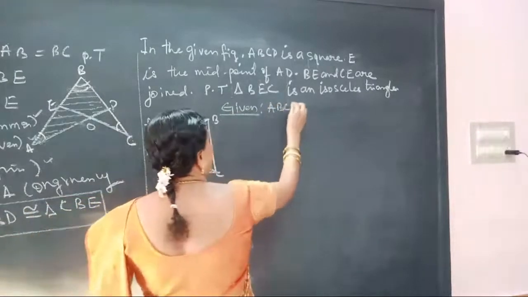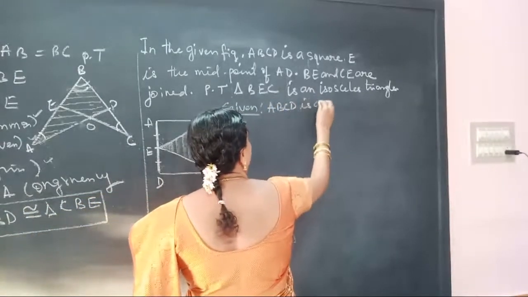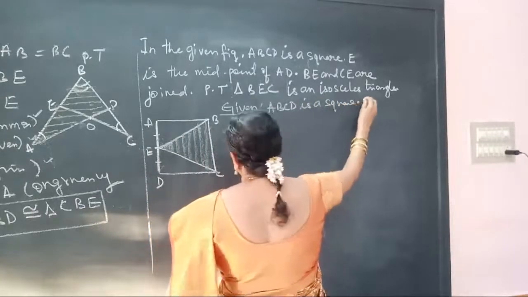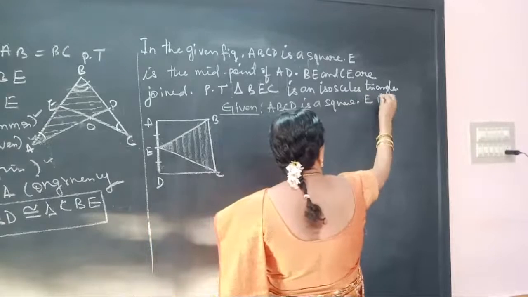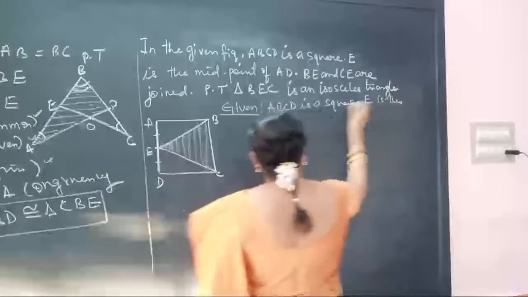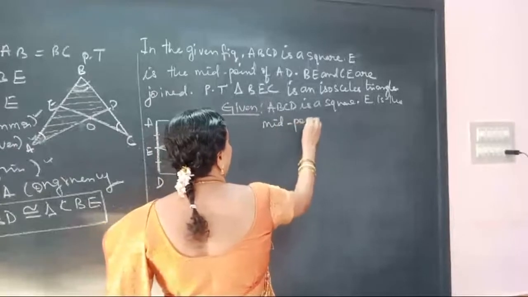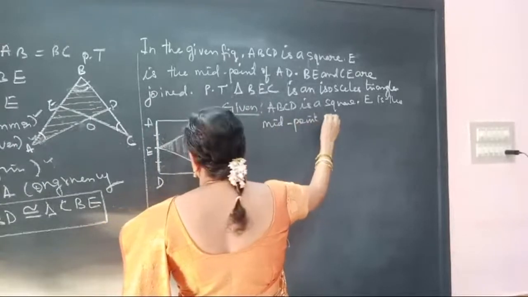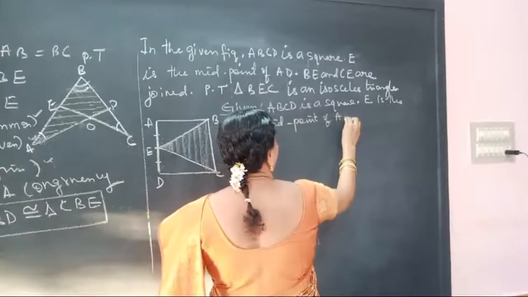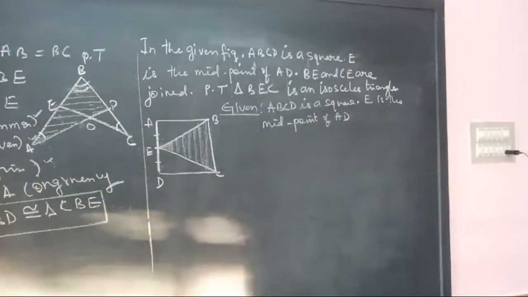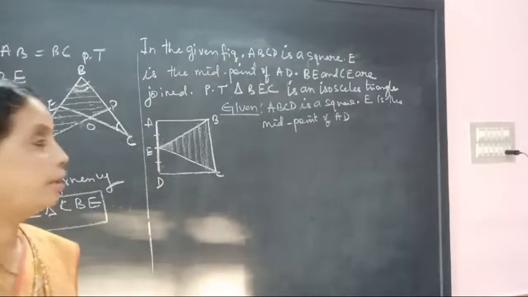ABCD is a square. E is the midpoint of AD.